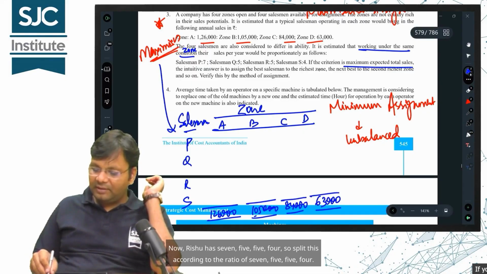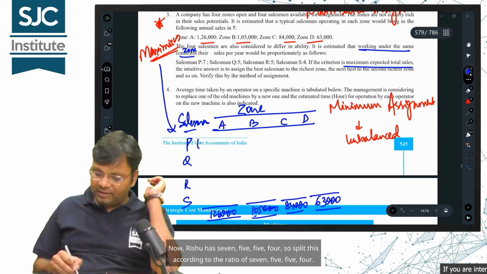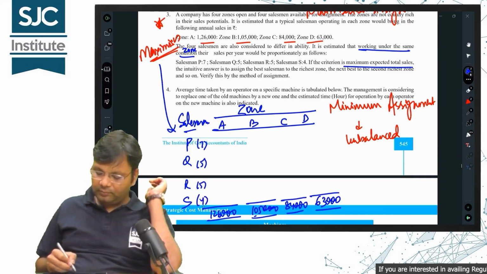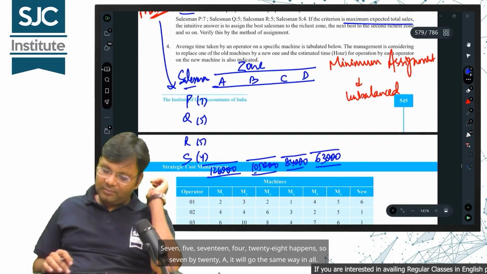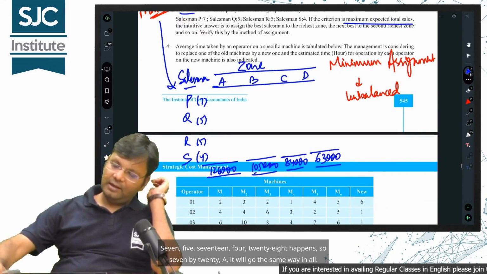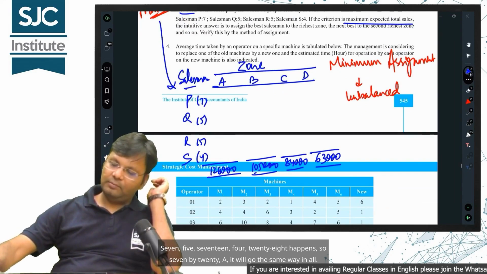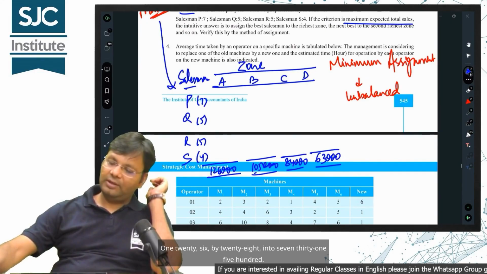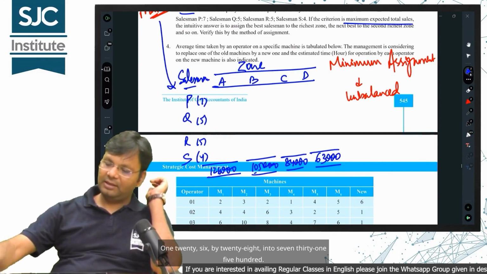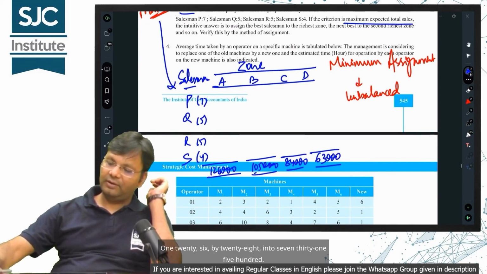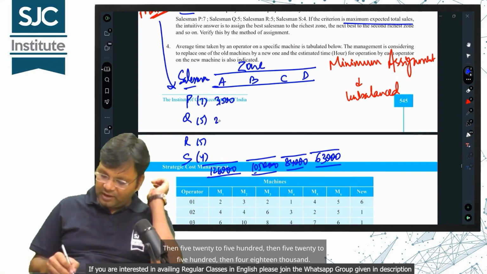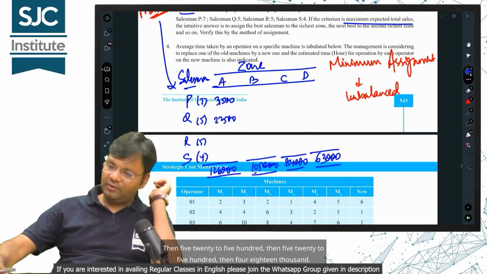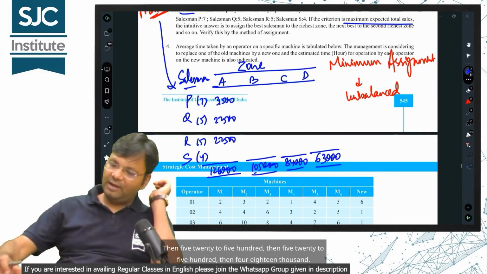Now, the ratio has 7, 5, 5, 4, so split this according to the ratio of 7, 5, 5, 4. 7, 5, 5, 4 makes 28, so 7 by 28 for A. It will go the same way in all. 126,000 by 28 into 7.